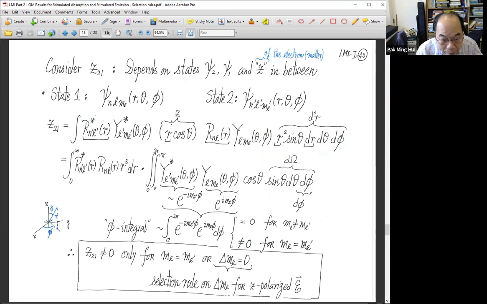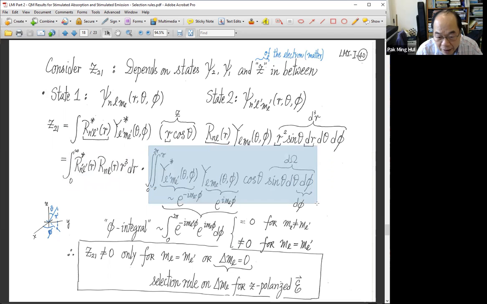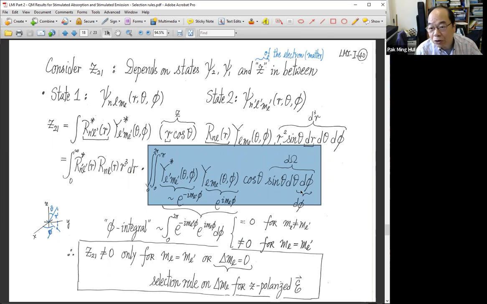But we also pick up a cosine theta from the Z. So these are the angular integrals to do. We also have the radial integral, but usually the selection rule comes from the angular integrals. So let's extract the selection rules.